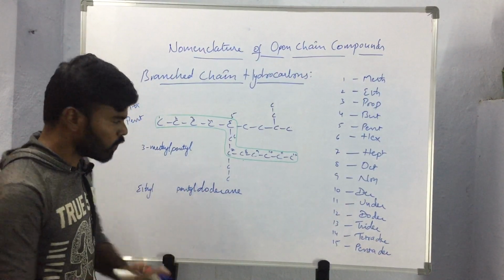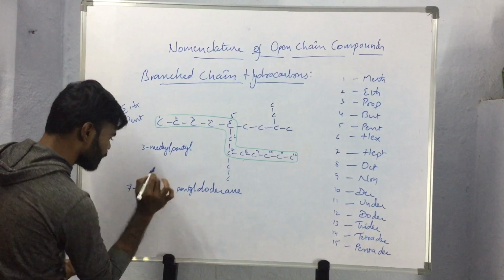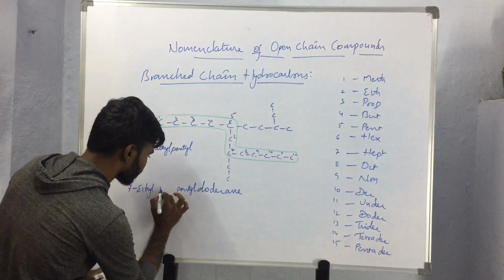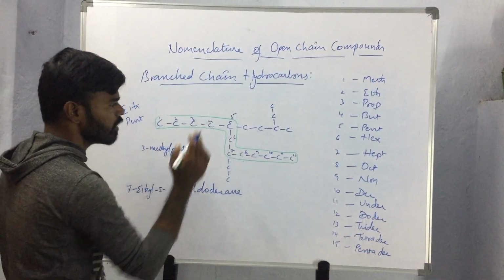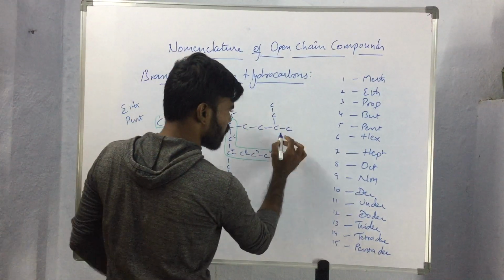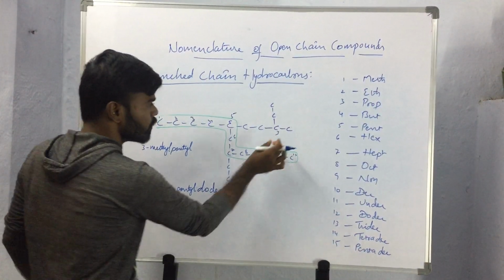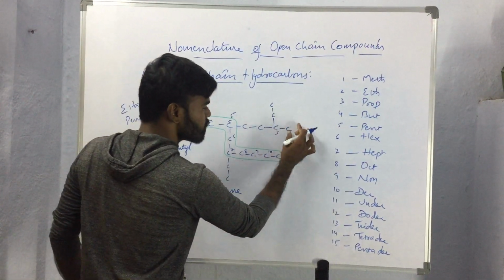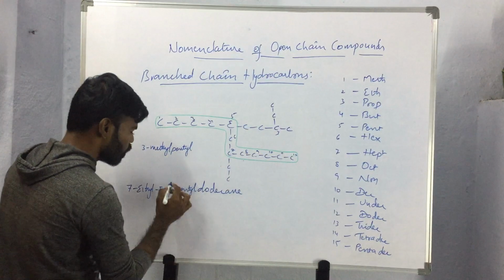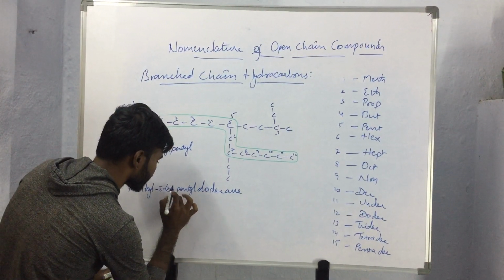Now we have to designate the positions. On the 7th carbon atom an ethyl group is present, and on the 5th carbon atom a pentyl group is present. But on this pentyl group also, the 3rd carbon atom has a methyl substituent. So to indicate the presence of a methyl substituent on this branch, we will designate that within brackets.